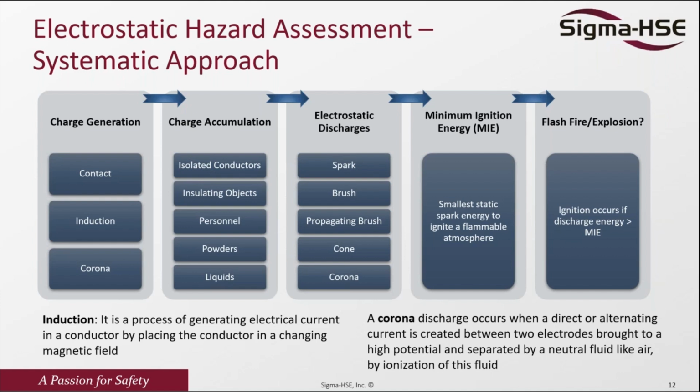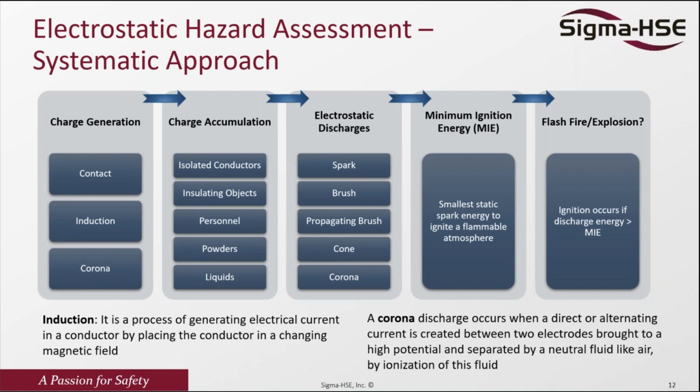Accumulation will happen first on an isolated conductor. If I have a metal that is not grounded, whatever charge is accumulated will stay there. Or insulating objects such as plastic can also accumulate charges, and the charge will also stay there. We have personnel.